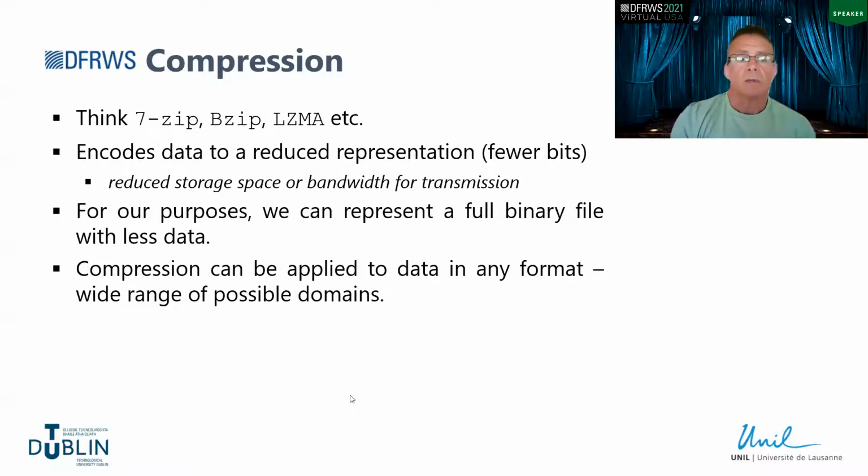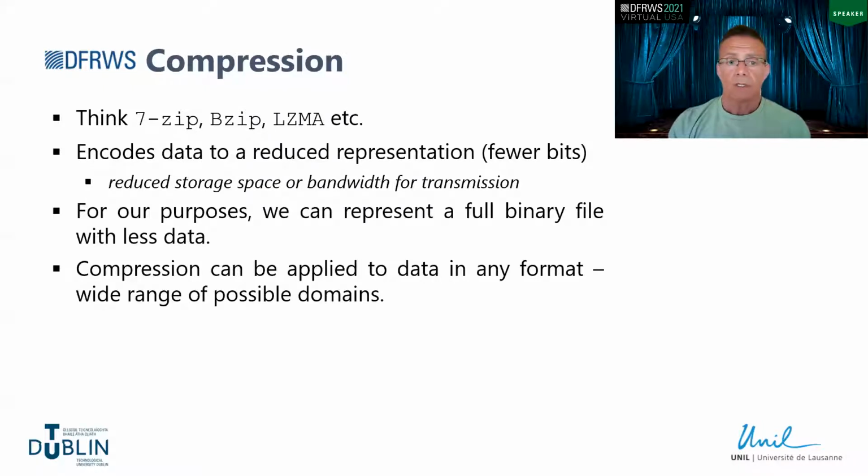So if you're thinking of the likes of 7-zip or WinZip or BZip, you'd be correct. So in terms of what a compression algorithm does, essentially it encodes data into a reduced representation of fewer bits, usually for reduced storage or for reduced bandwidth if it's been transmitted over a wire.